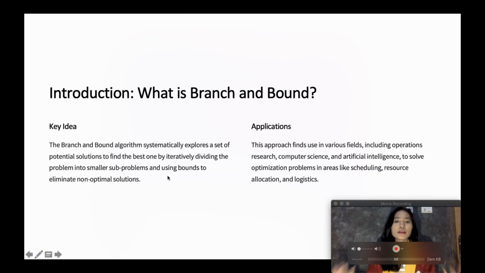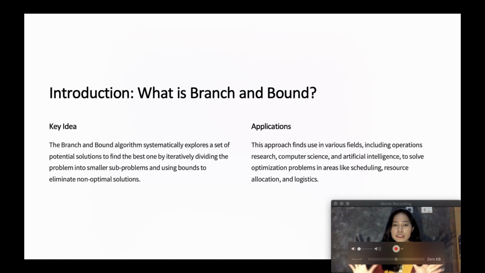solutions. Okay, what is branch and bound? The branch and bound algorithm systematically explores a set of potential solutions to find the best one by dividing the problem into smaller subproblems and using bounds to eliminate non-optimal solutions.